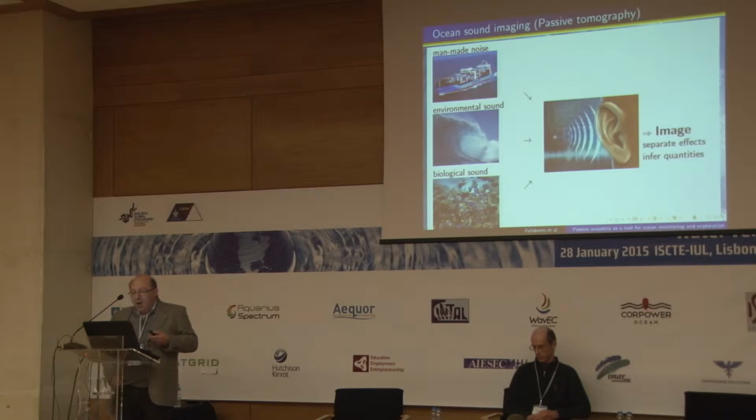So how can you use this kind of sound to get information about the ocean? How to image the ocean using this kind of sound? This is what we generally call passive tomography.